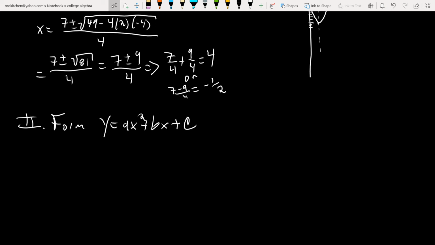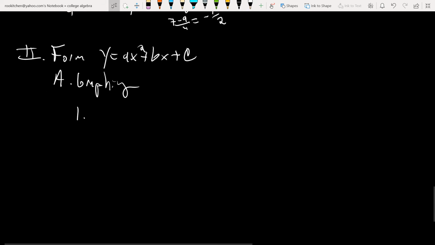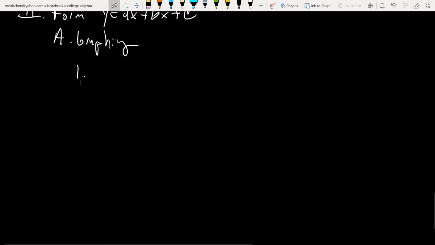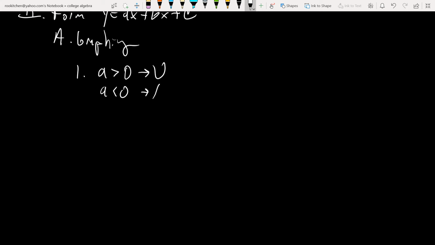So for this form, you kind of need to have a vertex formula. So graphing, and again, I'm going to give you a process, except the vertex step is a little harder. So first, again, if a, the leading coefficient, is greater than 0, then it's a happy face. If a is less than 0, it's a sad face. Secondly, the vertex.